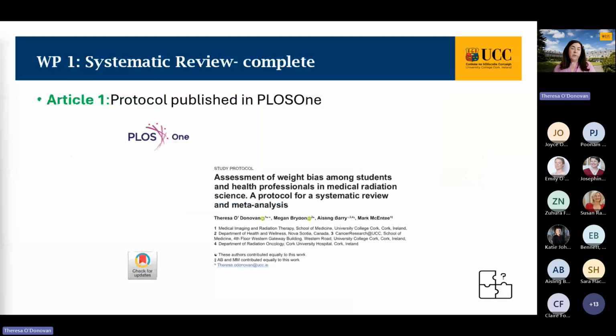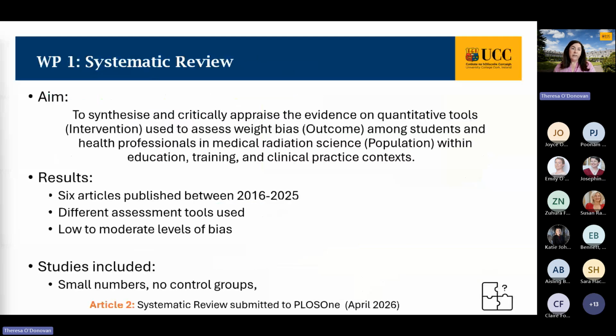Our first port of call was to design a protocol for a systematic review, and this has been published in PLOS ONE. The aim of our review was to look at tools that are used to assess weight bias in both students and health professionals in medical radiation science, within education, training, and clinical practice contexts.